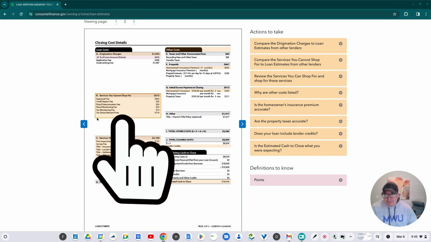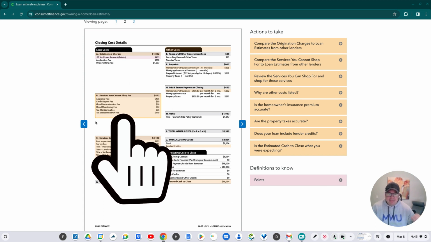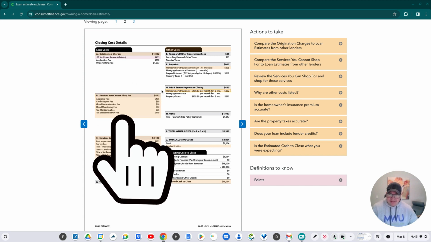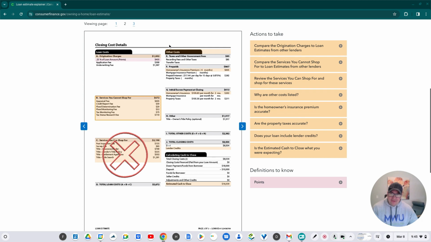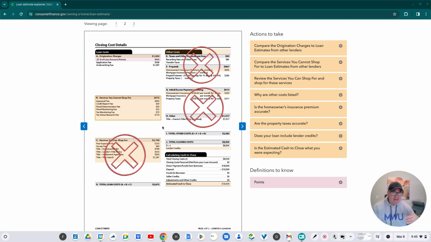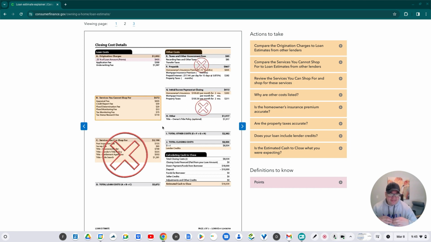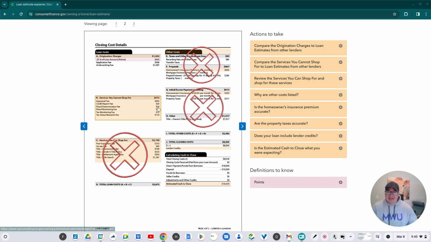So Section B, outside of a potential processing fee that some people charge, should be pretty standard. Everything else on a loan estimate will be the same from one lender to the next. So these fees, while they are important, are not important in comparing lenders.